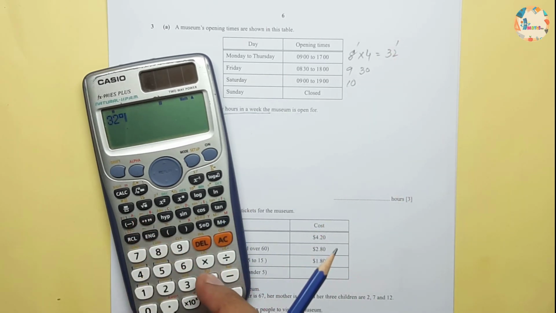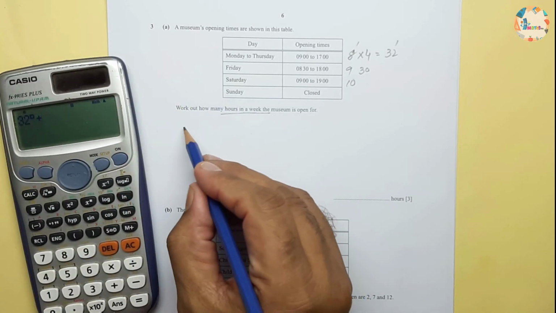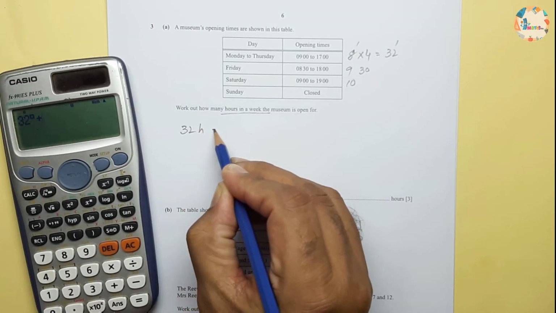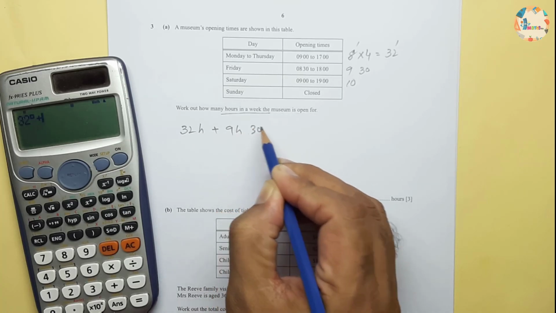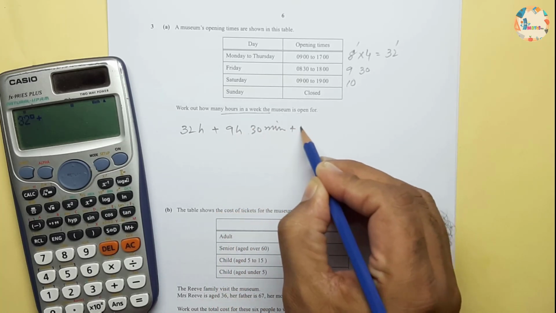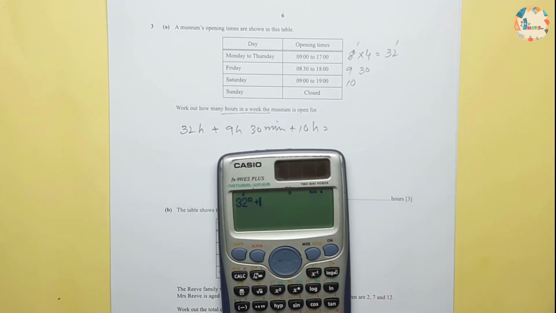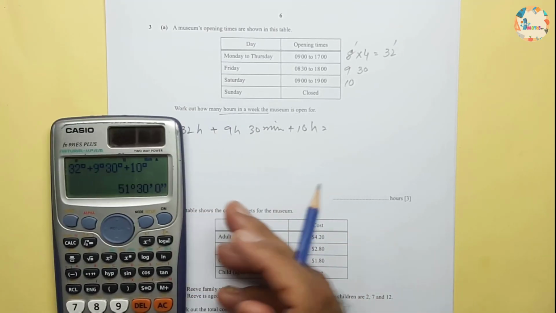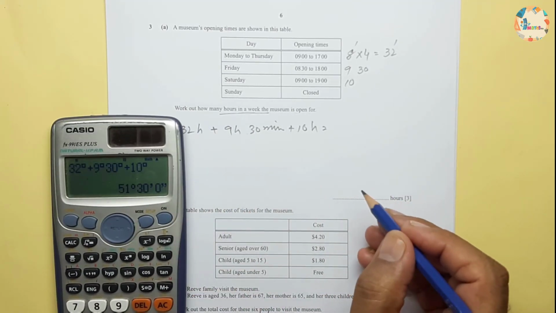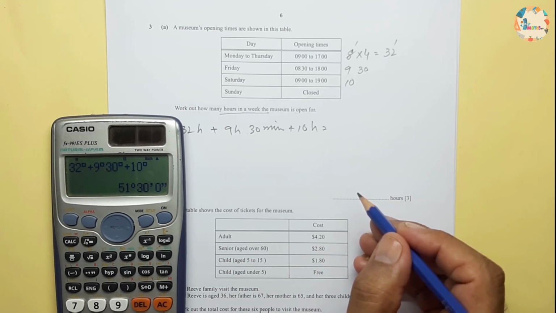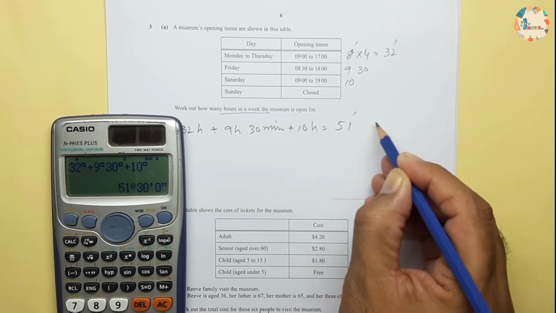32 hours plus 9 hours and 30 minutes plus 10 hours will be equal to how much? This will be equal to 51 hours and 30 minutes.